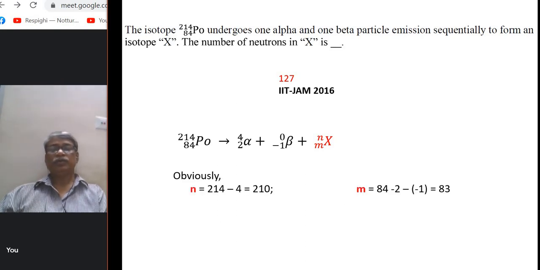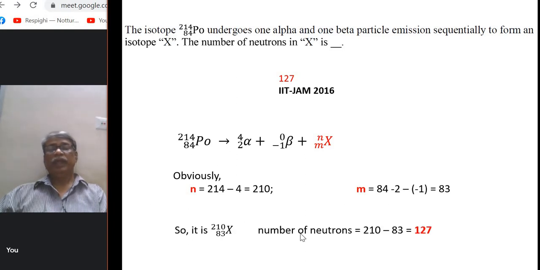For mass balance, it is 214 minus 4, that's 210. So n is 210, and charge balance 84 minus 2 minus of minus 1, that is 83. So X is clearly 83 X 210. Of course, the number of neutrons is 210 minus 83, so 127 is the answer. I think it's clear to you.